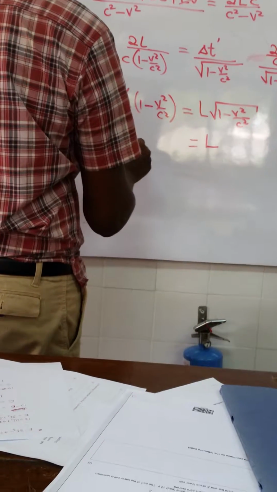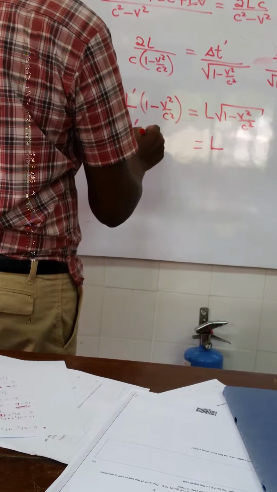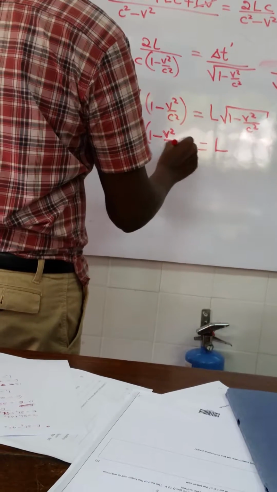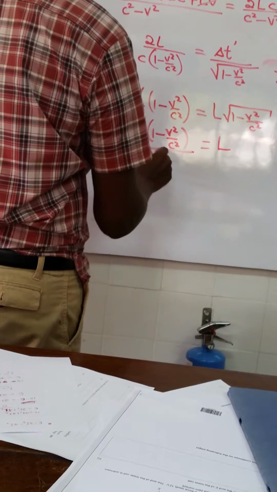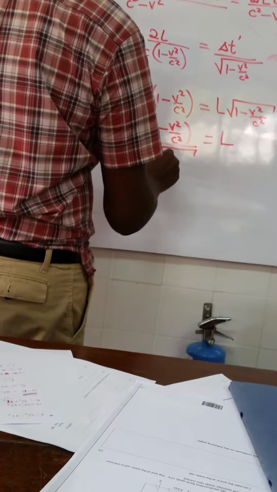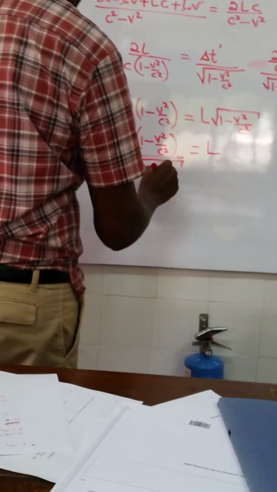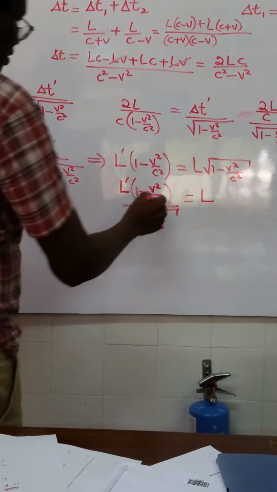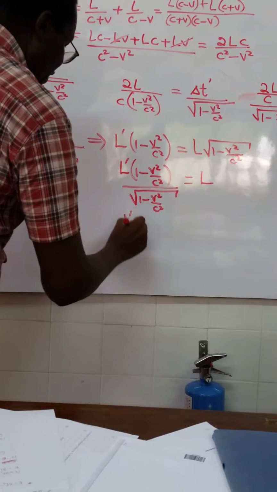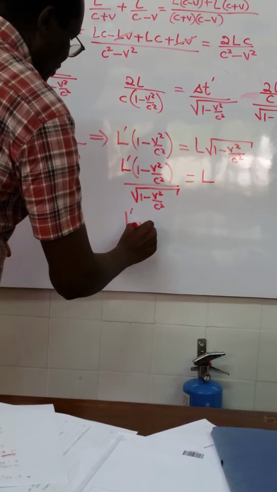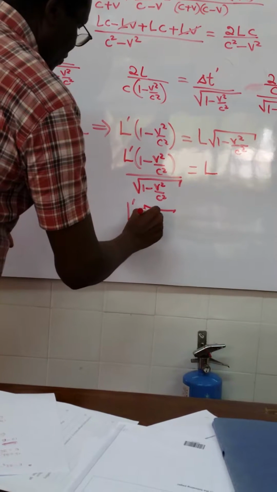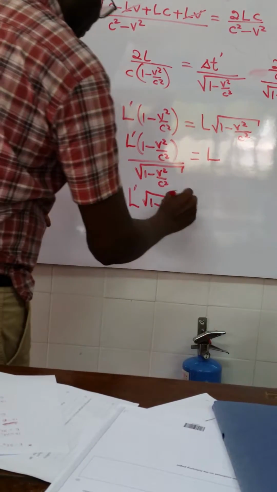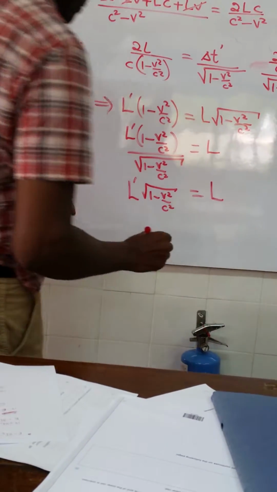Then this becomes L prime, of course it is L prime 1 minus v squared over c squared over root of 1 minus v squared over c squared, which gives you L prime times root of 1 minus v squared over c squared is equal to L.